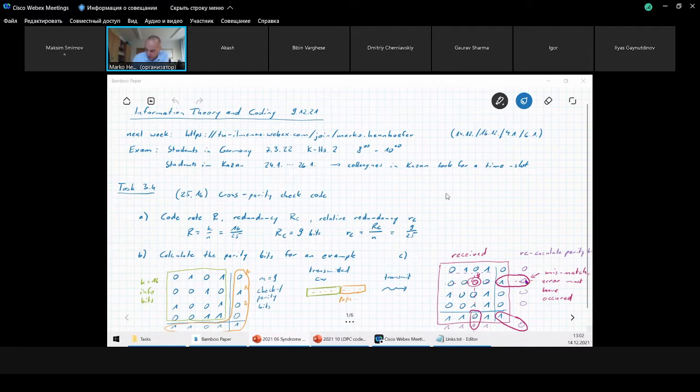So we can say something's wrong in this row and something's wrong in this column. So it can only be this bit causing this kind of error, and we just invert it, and this way we correct it. So we can correct single errors by using this kind of cross parity check code.